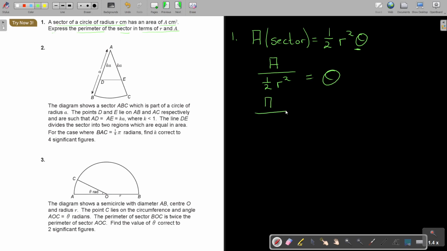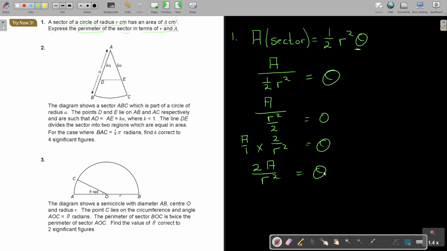So if I put this, it's going to be r squared over 2. As I said, sorry, I'm a bit long, but I want you to really follow what I'm doing. The reciprocal, so 2 over r squared. So this is going to be 2A over r squared. That's what I want you to see is theta.